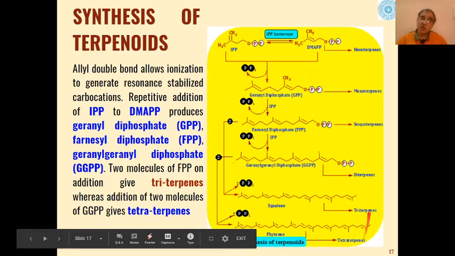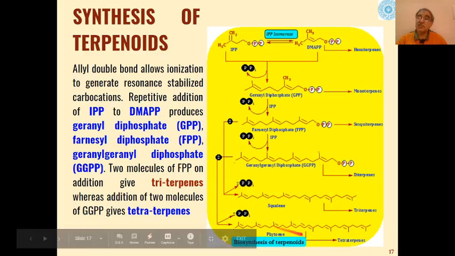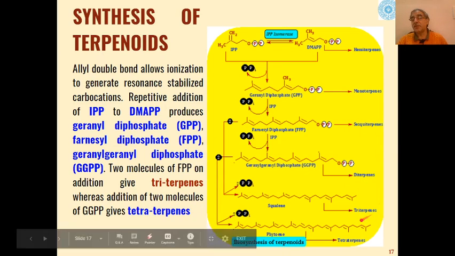So this is how these precursors IPP or DMAPP condense with each other in different manners to give us different types of terpenes: hemiterpenes, monoterpenes, sesquiterpenes, diterpenes, triterpenes, tetraterpenes.